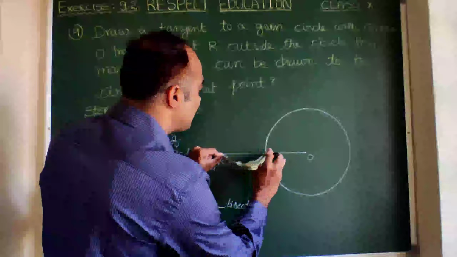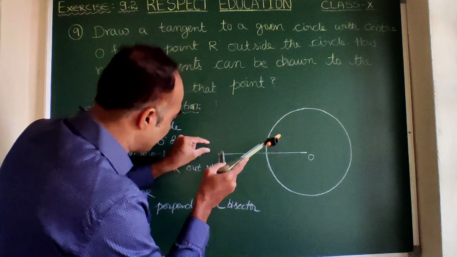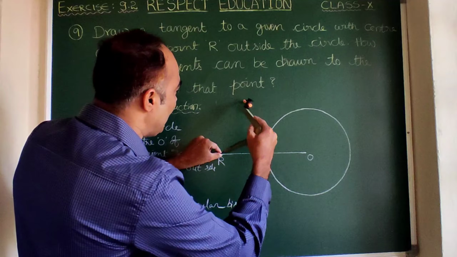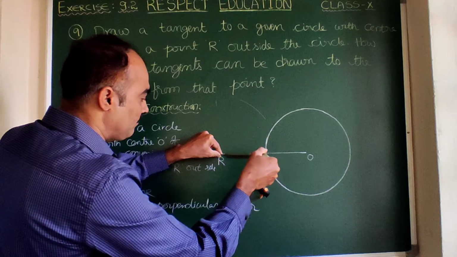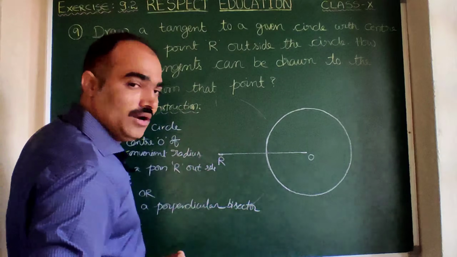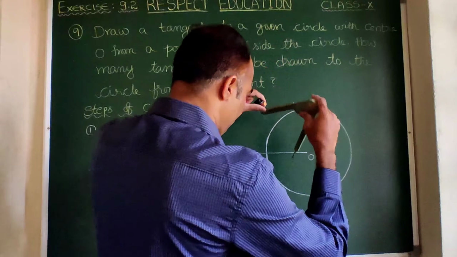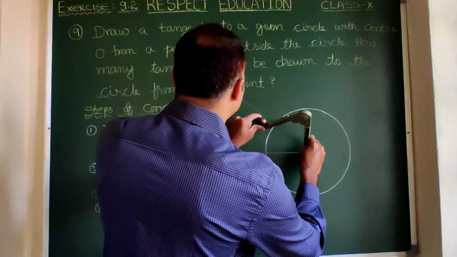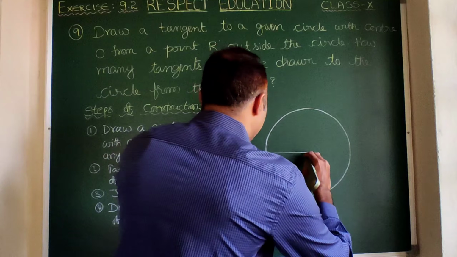So let us consider it approximately more than half of OR. Consider R as center, then draw one arc above the line and one below the line. Now with the same radius, take O as center and cut two more arcs which cut the previous arcs, one above the line and another below the line.